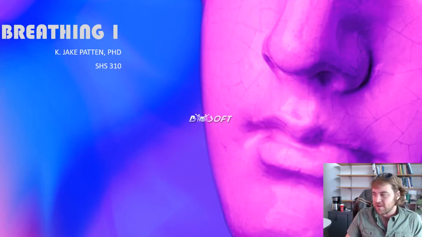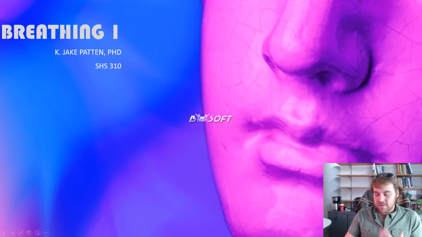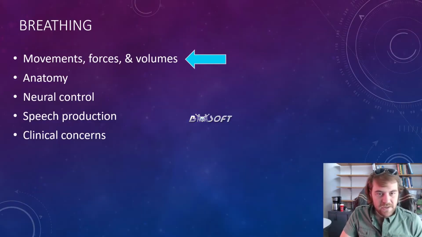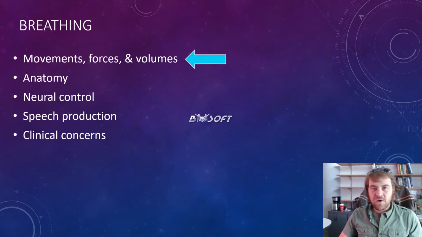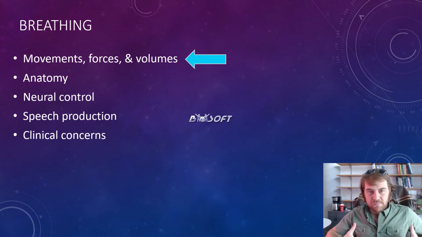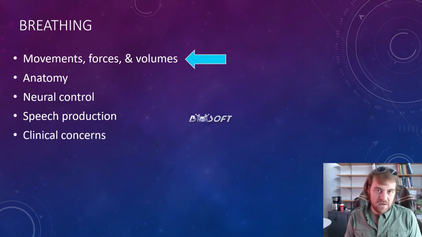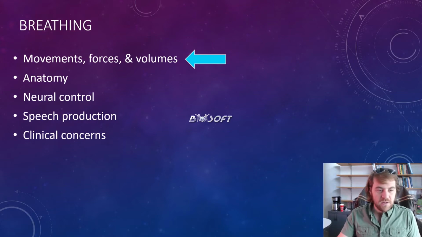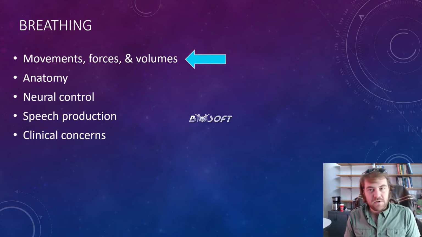All right, so breathing. The way I want to start is first we're going to talk about overall movements, forces, and lung volumes that I want you to have in your mind while we talk about the anatomy, the neural control, the speech production, and the clinical concerns.